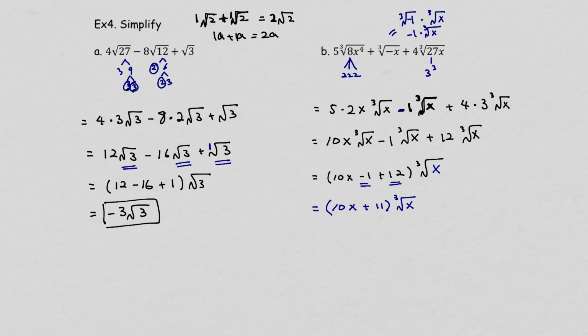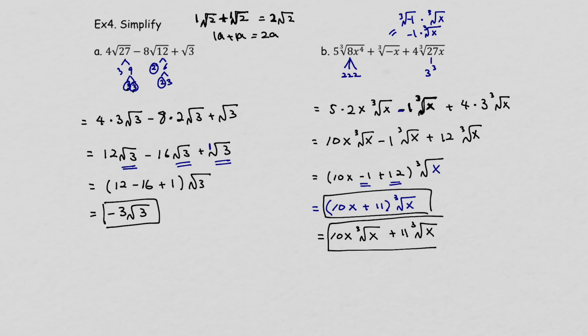Or if you wanted to answer your solution without the parentheses, distribute one term into the two terms. Either way will be okay. Either way of the solution is fine unless they ask you for a certain style. Okay, so hopefully now you understand how to simplify radicals, any radical, and add and subtract.